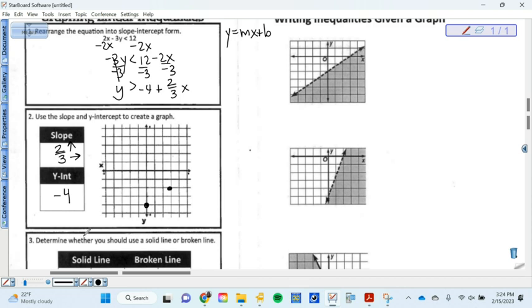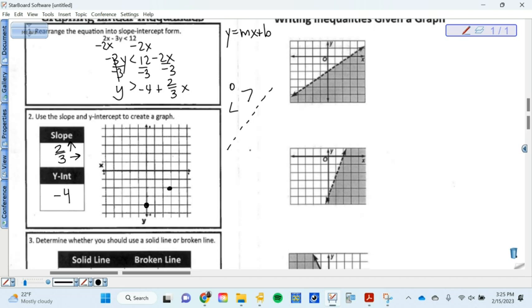But what does it say to do next? What's my third step? Solid or a broken line. So remember, a broken line, or dashed line, or a dotted line, whatever you want to call it, is just for less than or greater than.